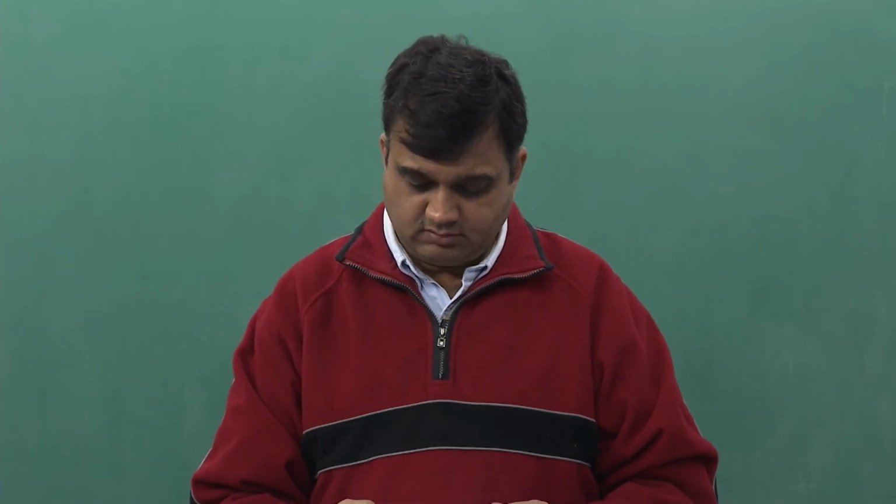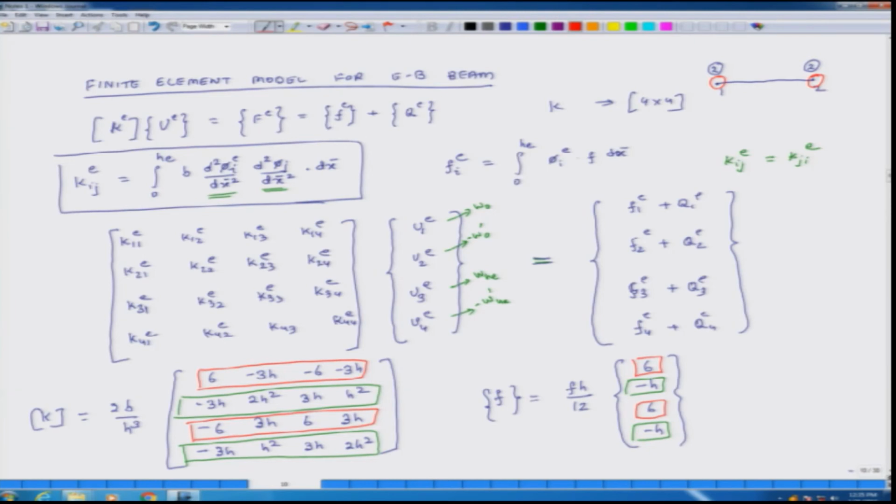The first row and the third row are associated with displacement. So, that is why they look similar. The same thing on the right side of the equation also, that you have the same terms there.